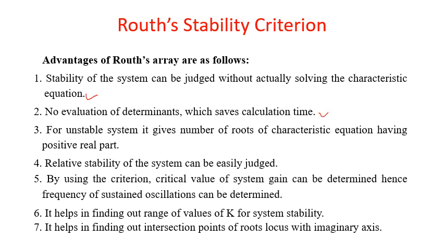For an unstable system, it gives the number of roots of a characteristic equation having a positive real part. Relative stability of the system can be easily judged. By using the criterion, critical values of system gain can be determined. Hence, the frequency of sustained oscillation can be determined.